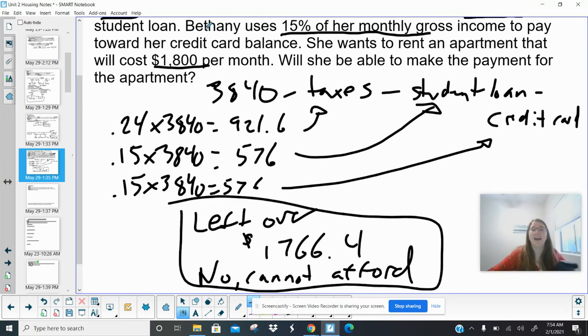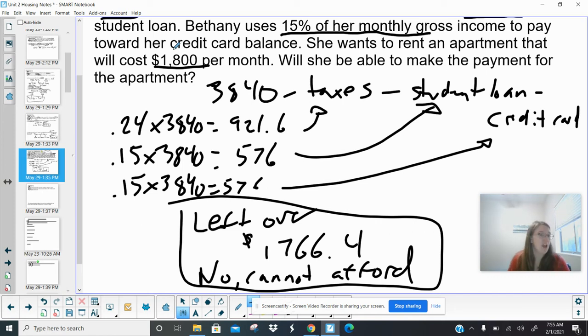She would need to have at least $1,800 for us to say yes, granted. If she had exactly $1,800 left over, she would have no money for anything else. Now, we are not here to judge, though. We are mathematicians. If it came out that she had $1,800 exactly, we'd go, well, yeah, she can make the payment.